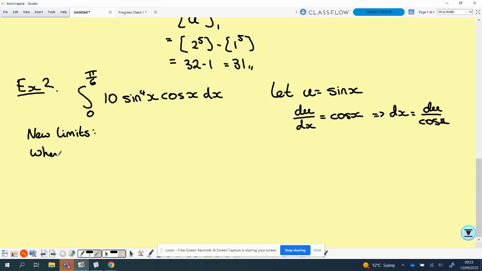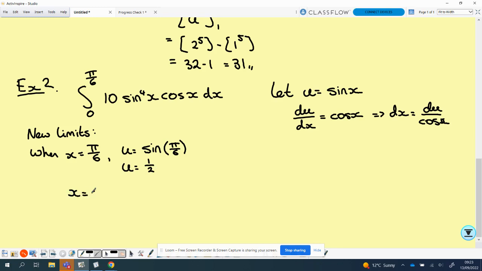So when x equals pi over 6, u is going to be sine of pi over 6. Pi over 6 is 30, so sine of 30 is the value of half. Okay, you get that from your exact value triangles from higher there.